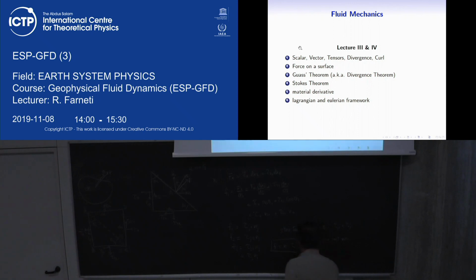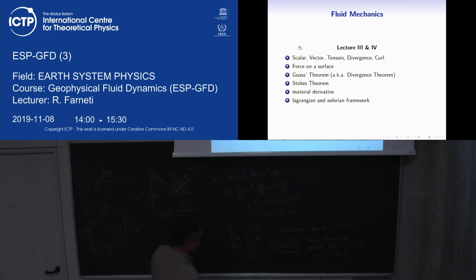Is equal to the product of the stress tensor and the unit vector n. Okay? So the force is tau dot n.